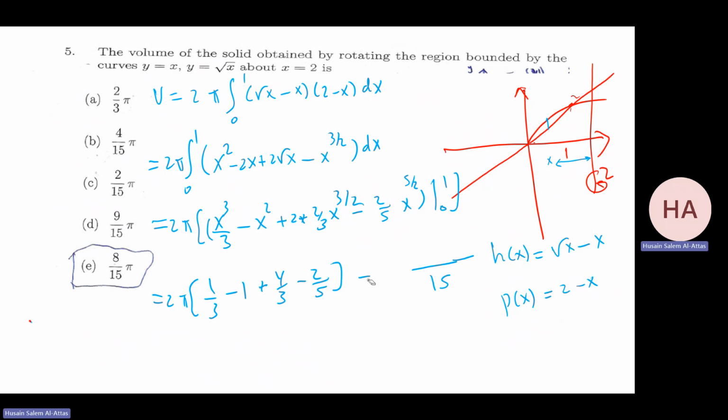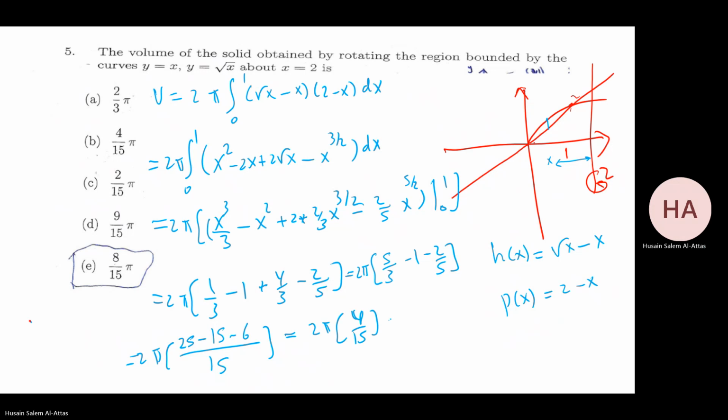So that will be 2 pi times 5 over 3 minus 1 minus 2 over 5. Making it over 15: 25 minus 15 minus 6, that is 25 minus 21, which is 4 over 15. That will be 8 pi over 15, which is the answer.